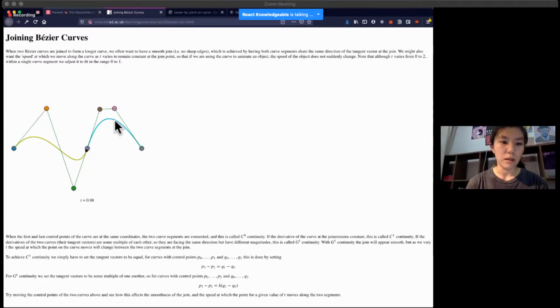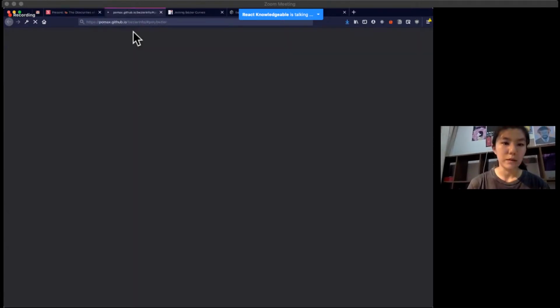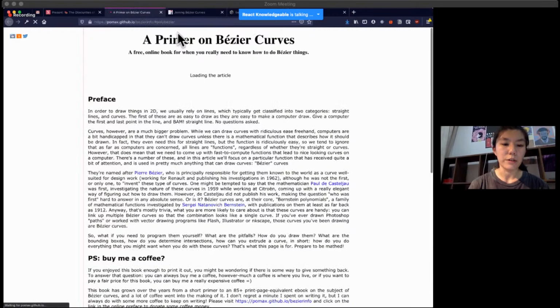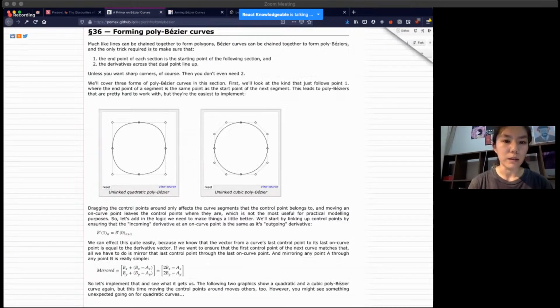If you get that intuition, it should be a next step for you to understand why when you join these curves, these two line segments should match, right?